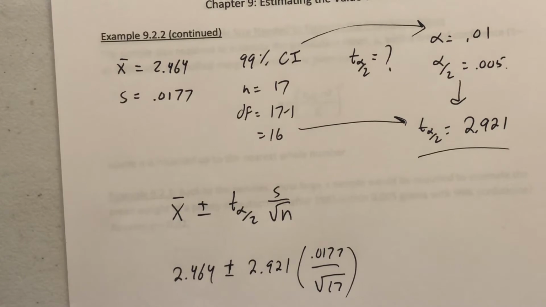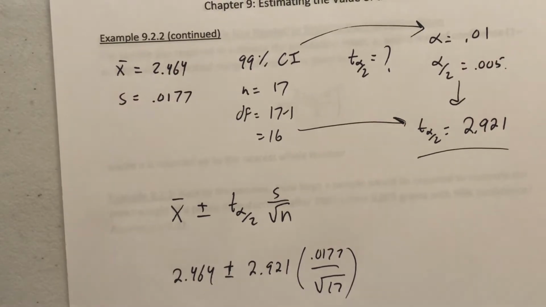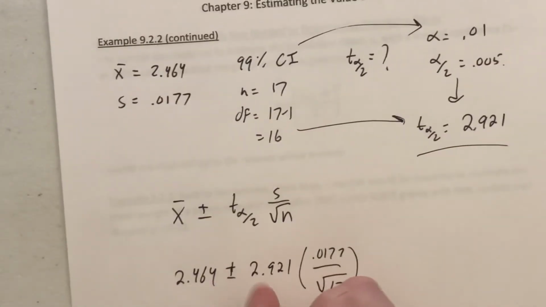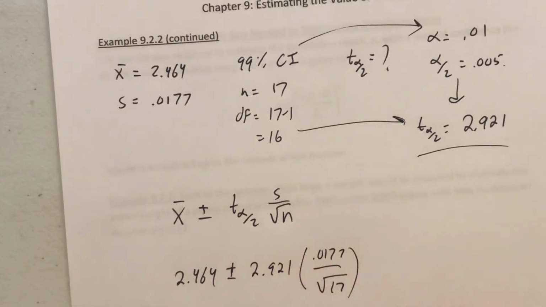Again, I'll do just the margin of error portion, everything to the right of that plus or minus. So I'm getting 2.464 plus or minus 0.013 if I round.